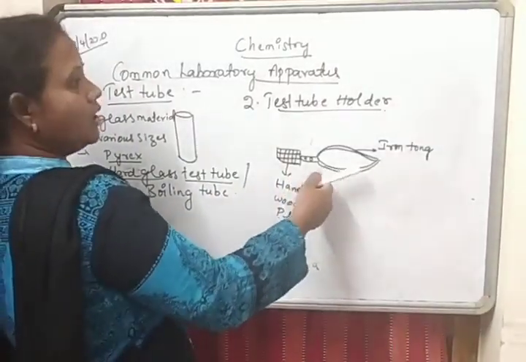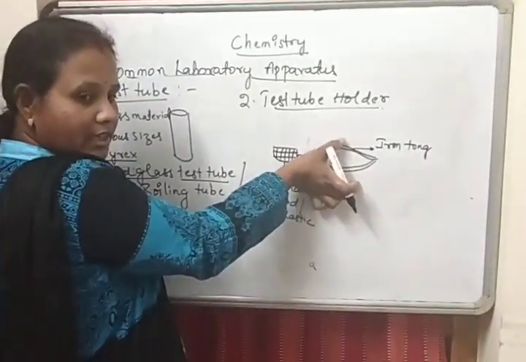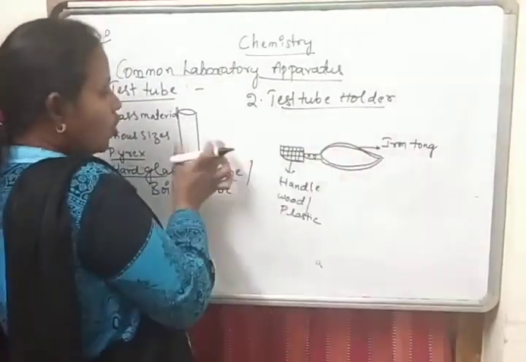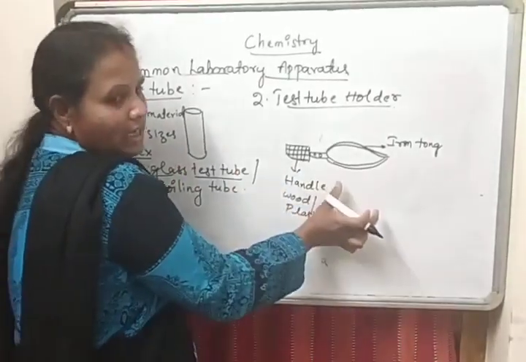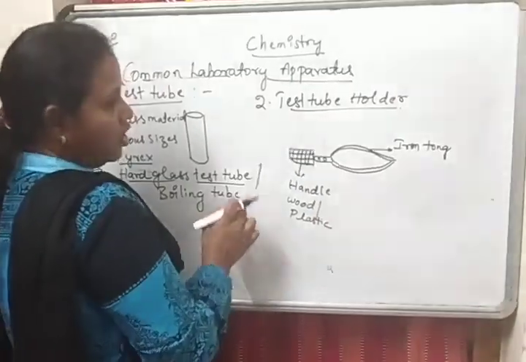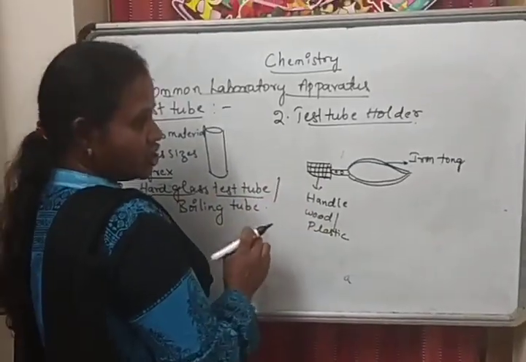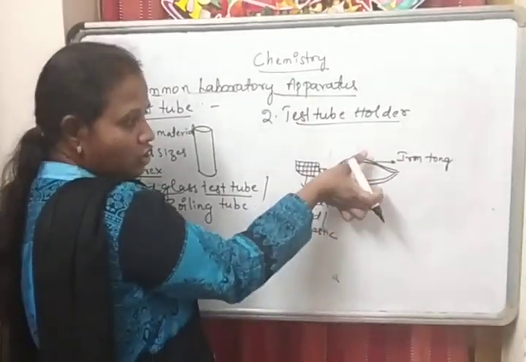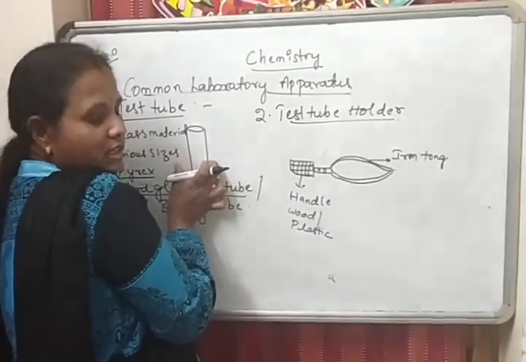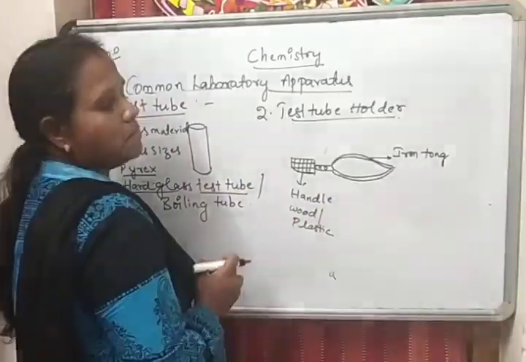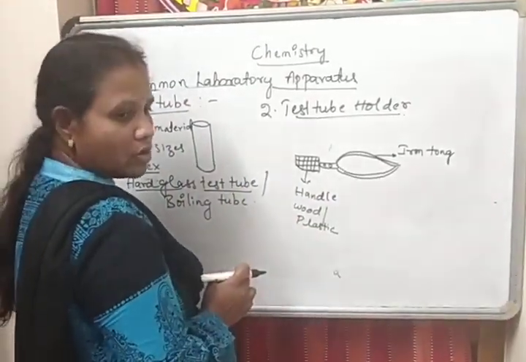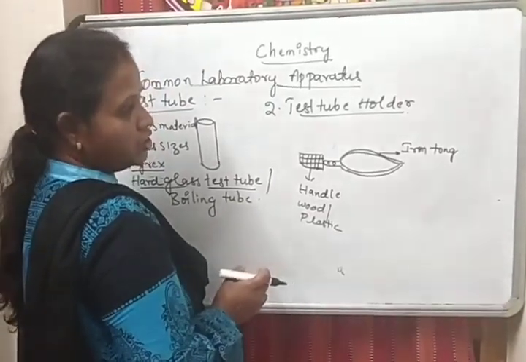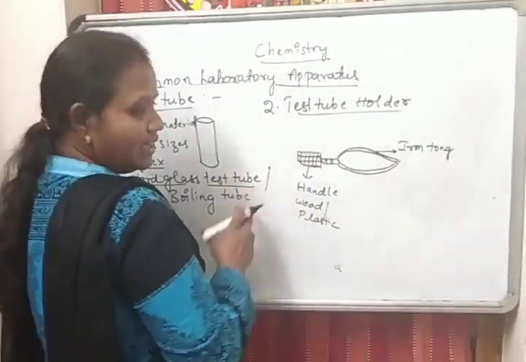This test tube holder, with the help of the iron tongs, holds the test tube during the heating process or during the chemical reaction. Why? Because you cannot hold the test tube with your hand while heating.